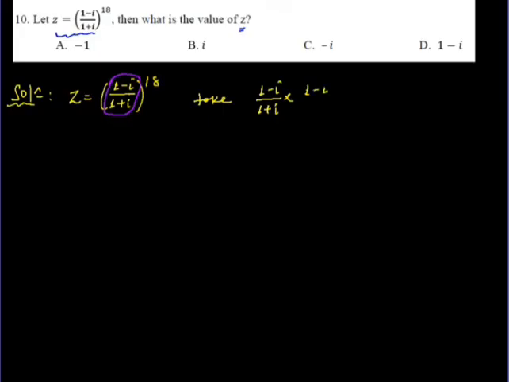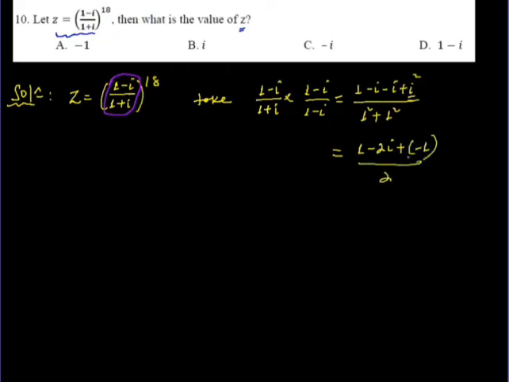It becomes (1 minus i) times (1 minus i) over 1 square plus 1 square. So this means 1 minus 2i plus i square, which is minus 1, over 2. Now minus 1 with 1 is 0.